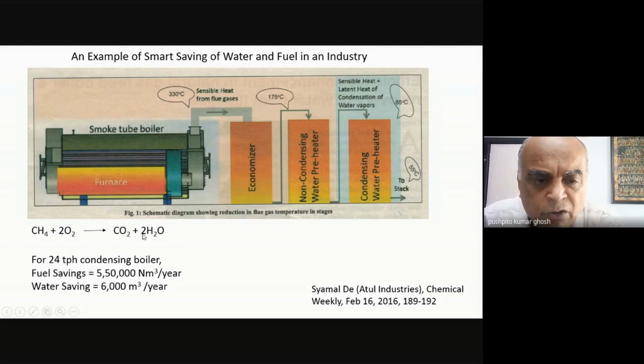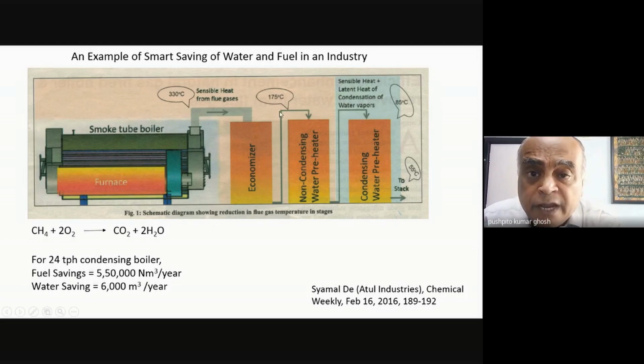Where is this water coming out? It's coming out in the flue gas, right? The carbon dioxide, the water, the remaining air and the nitrogen, that's all the flue gas coming out. Now, normally the flue gas comes out at a very high temperature, and there is something known as an economizer, which is used to extract the heat and preheat the incoming feed stream going into my boiler for steam generation.